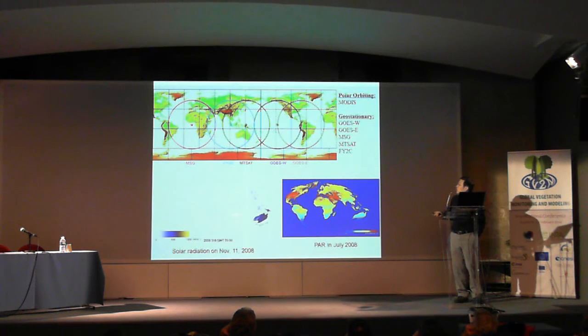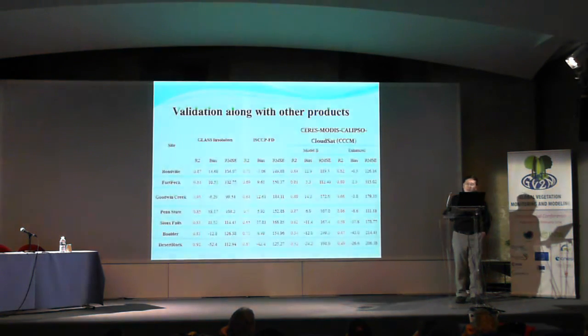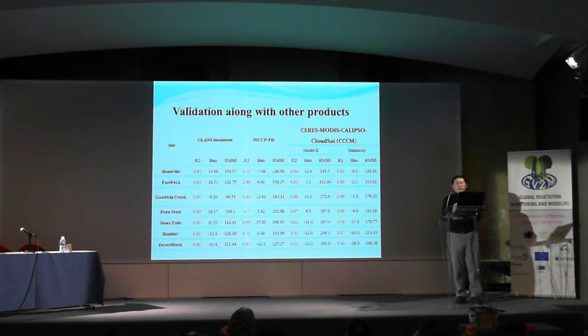And so this is the instantaneous shortwave radiation, indicating the sun rising from the east to the west. And then this is the PAR, the monthly PAR average. Of course, we did extensive validation.